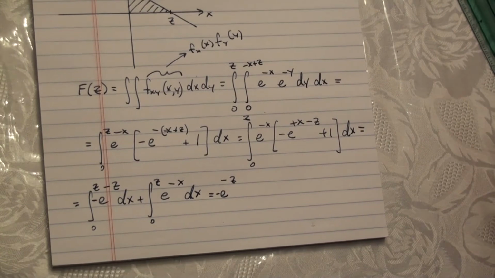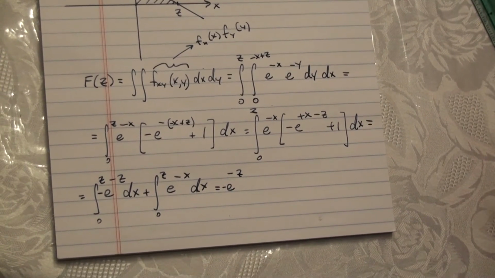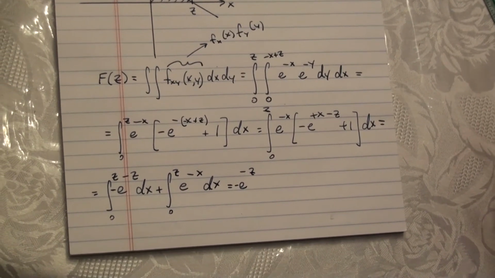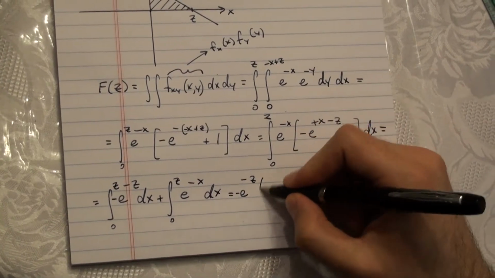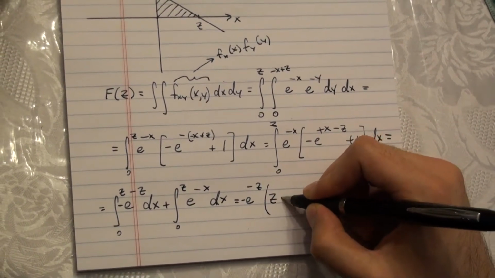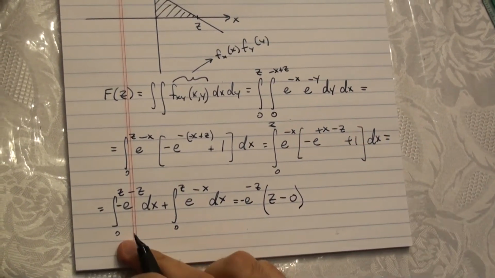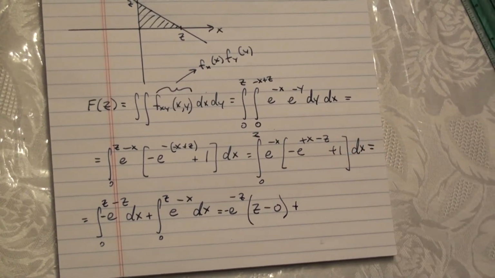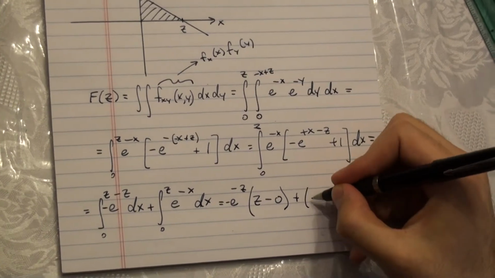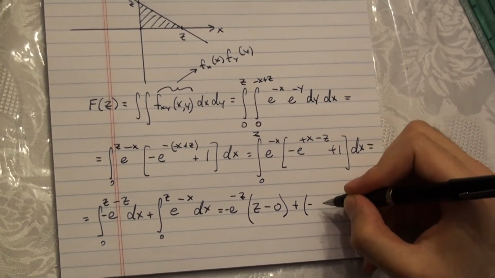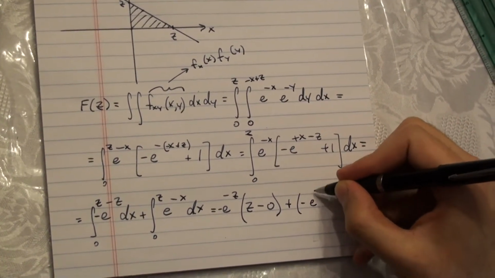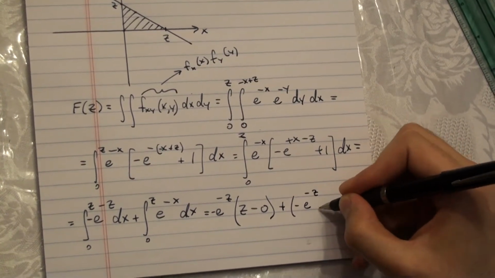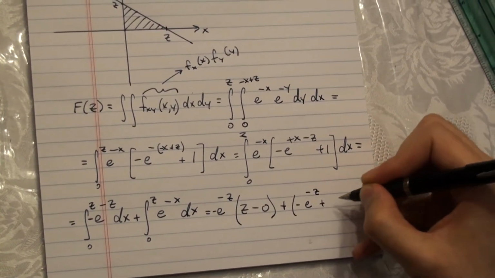And then we get z minus 0 for this integral. Here we have a minus e to the minus z, and minus minus becomes plus 1.